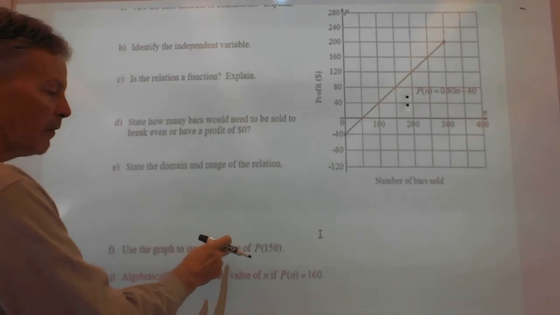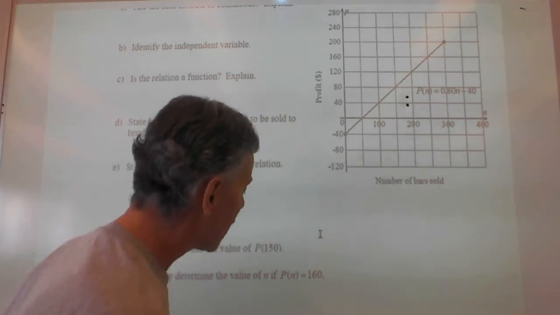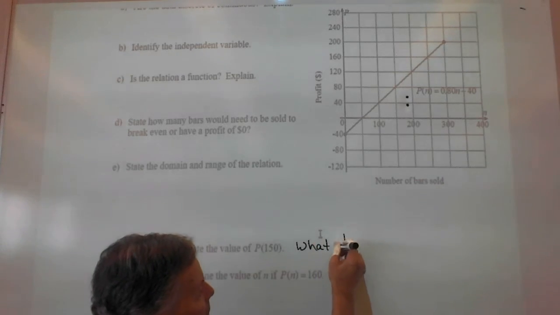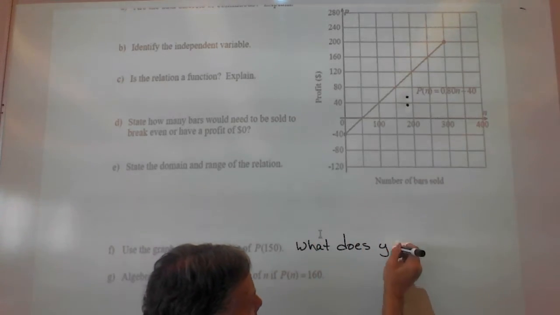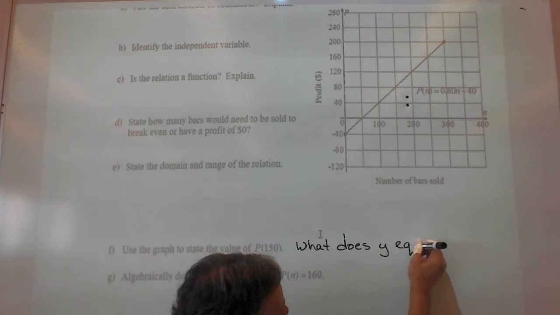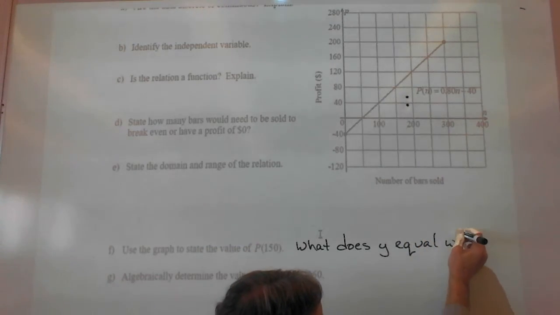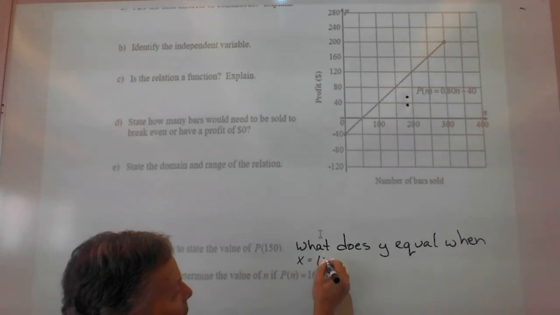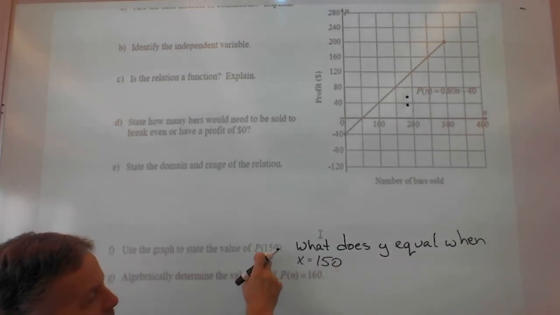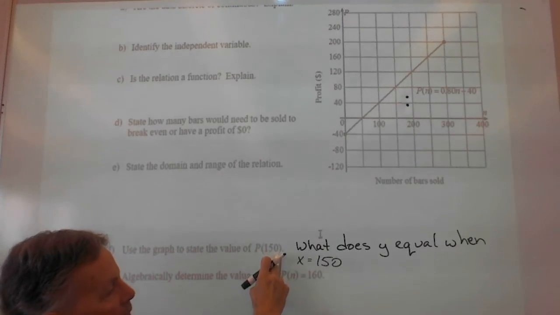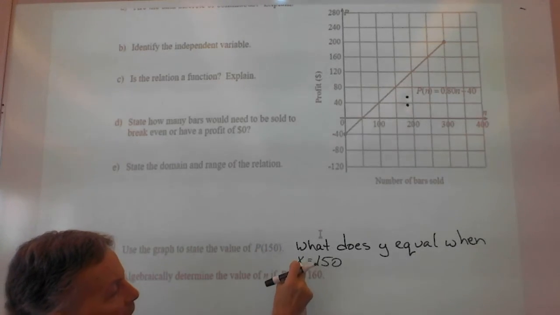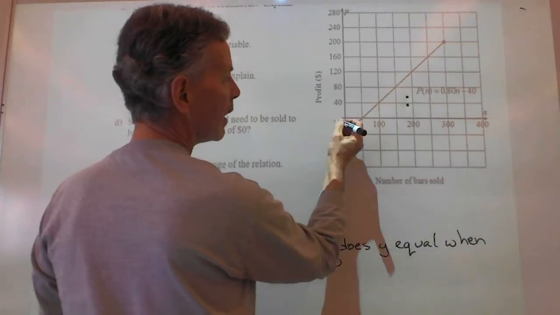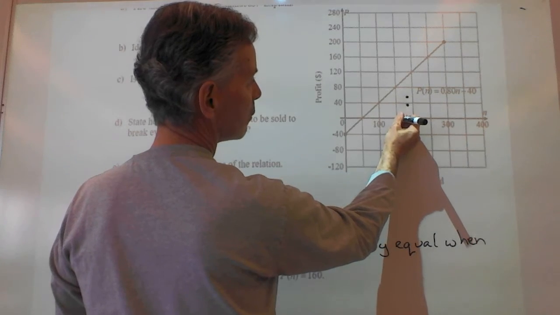When I ask for the value of p at 150, what I'm actually saying is, what does y equal when x equals 150? Okay, remember that value that's plugged in the brackets in your function notation? That's your independent variable or your x variable. So they're saying when x equals 150, what does y equal?